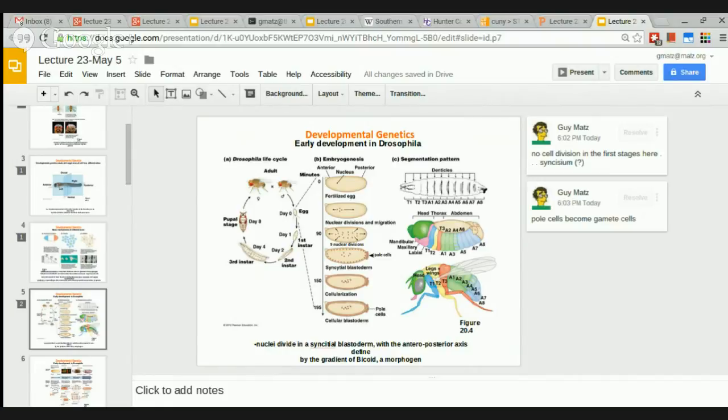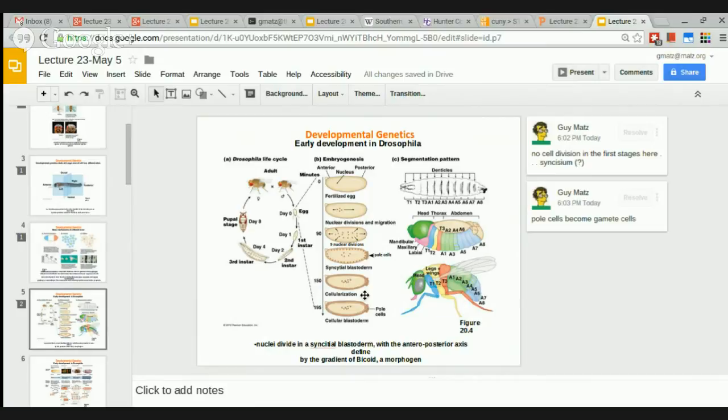Once the cells have migrated to the cortex and the pole cells have separated themselves to the posterior pole, there is a process called cellularization, which is fascinating in itself, in which the membrane invaginates between the nuclei, so you're getting separation of each individual nucleus, and each individual nucleus gets essentially encased by membranes.